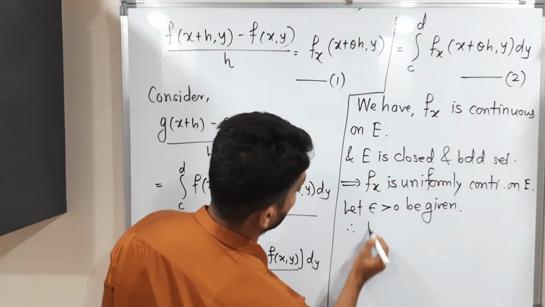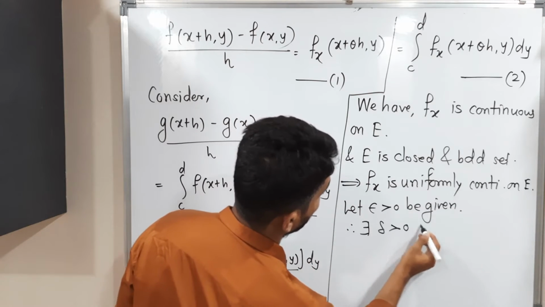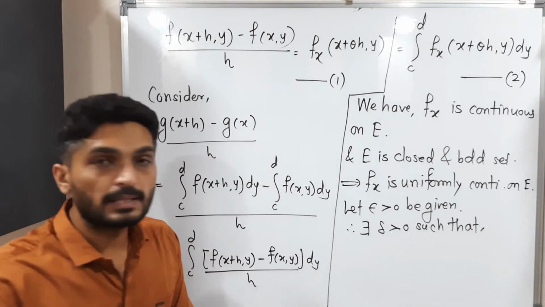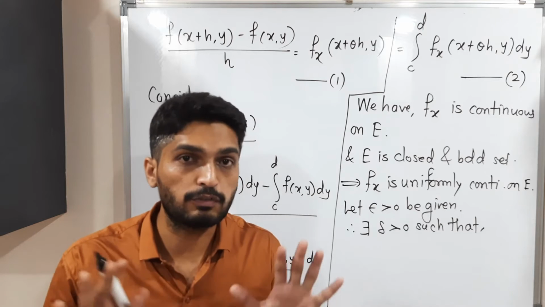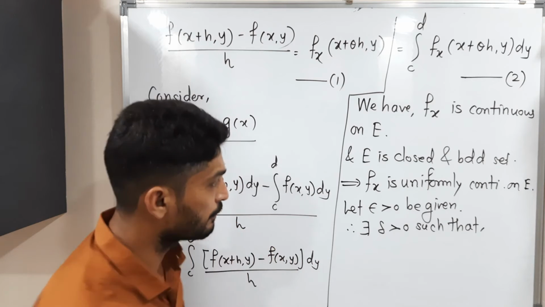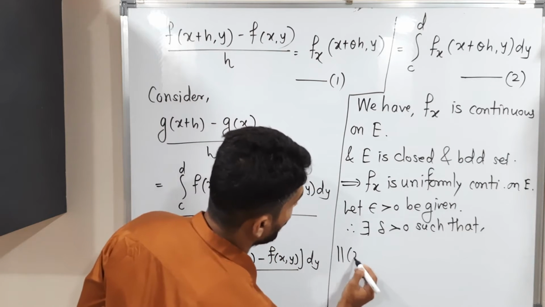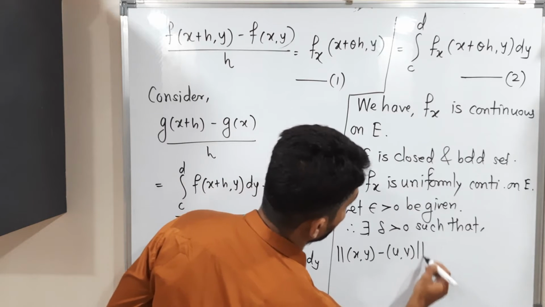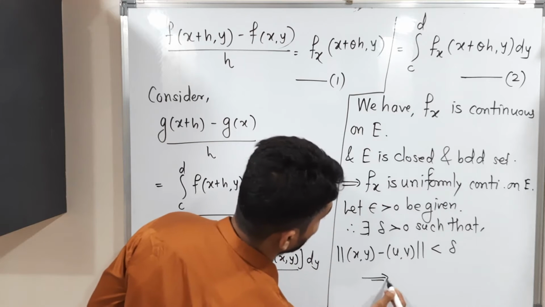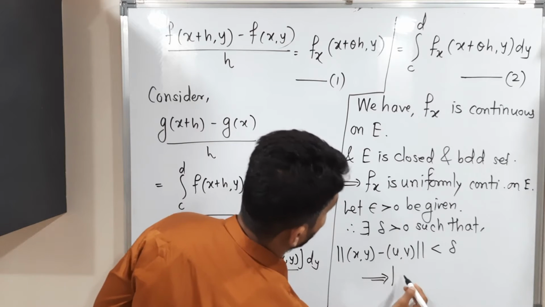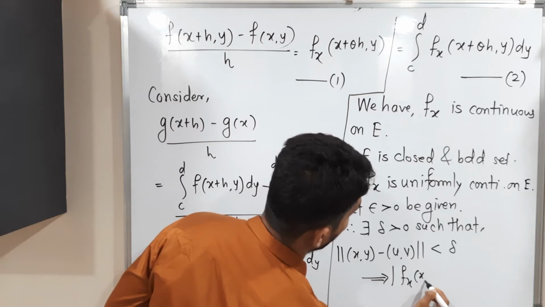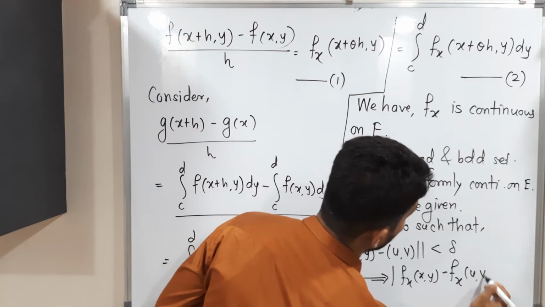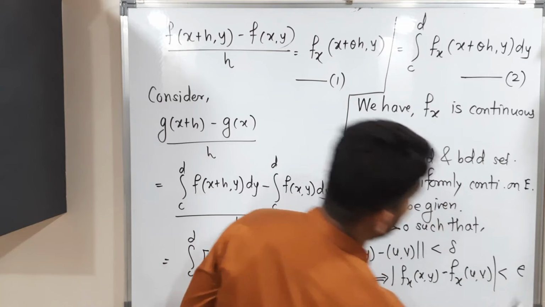Therefore there exists delta greater than 0 such that, simply using the definition of uniform continuity. You remember the definition? It says if the norm of (x, y) minus (u, v) is less than delta, then mod f_x(x, y) minus f_x(u, v) is less than epsilon.